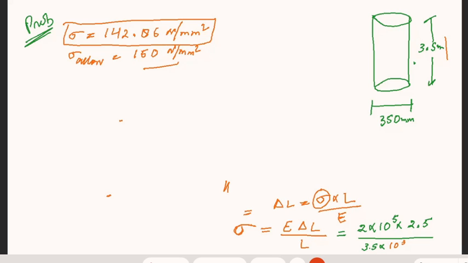If it would have been more than allowable, say 155, then we would have had to redesign the length and the amount of load coming on it, because this hollow cylinder could have failed. The actual stresses coming are only 142, therefore we are in the safer zone.